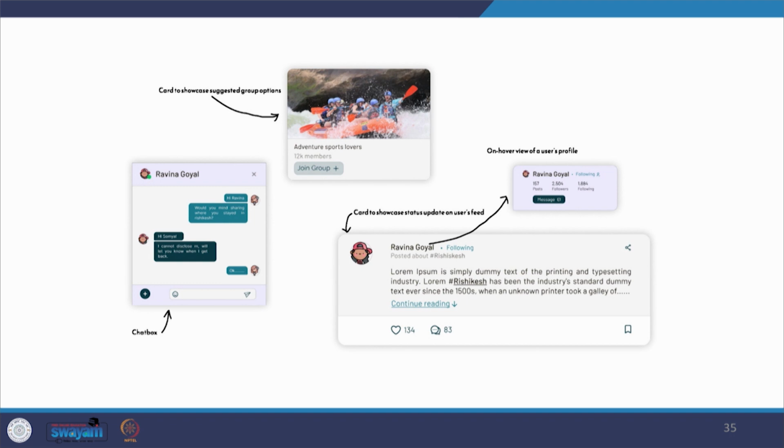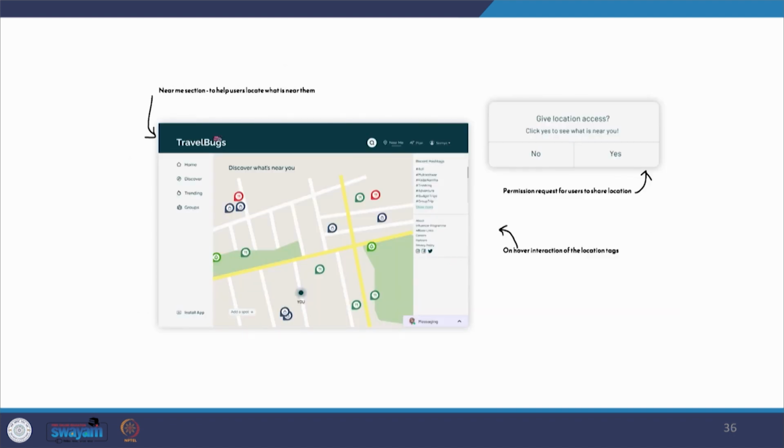Similarly, there are some other ways we are hovering and things are opening up. Like for example, we want to see who this person is. When we hover on this, we get more expanded information about this particular user. So, features like this, or the map.